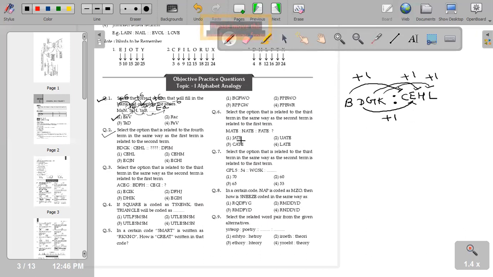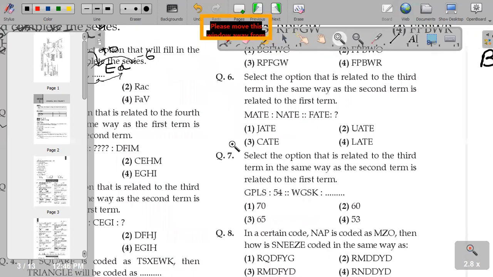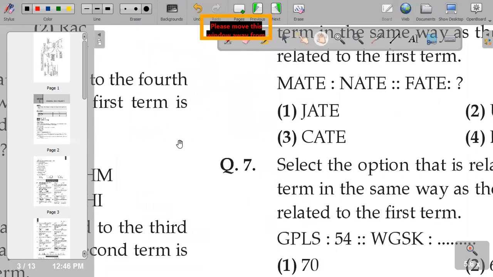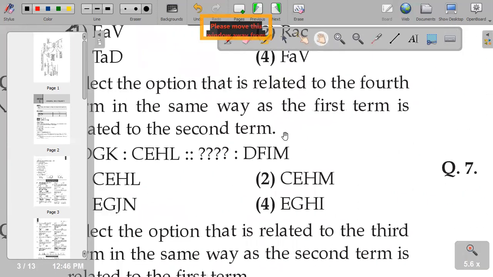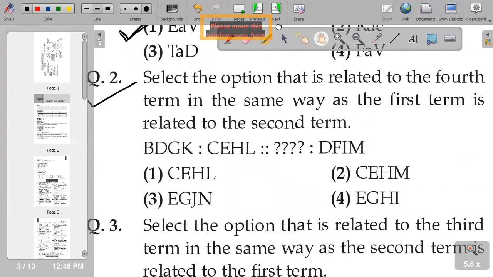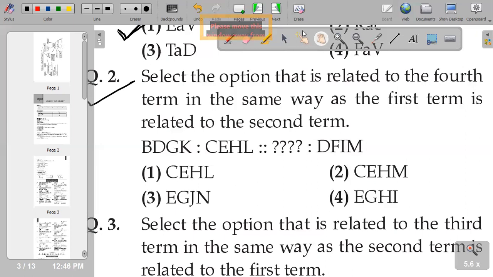So what is the logic? The logic is that the next letter or next alphabet we are getting by adding 1. We can say that the second group of letters we are getting after adding 1.